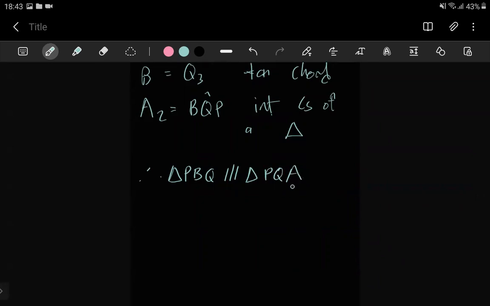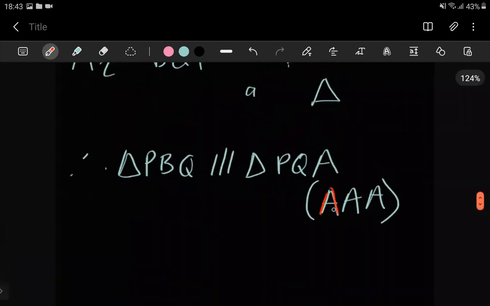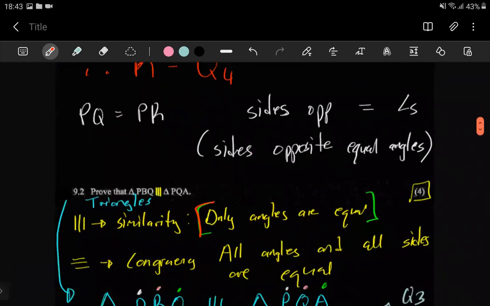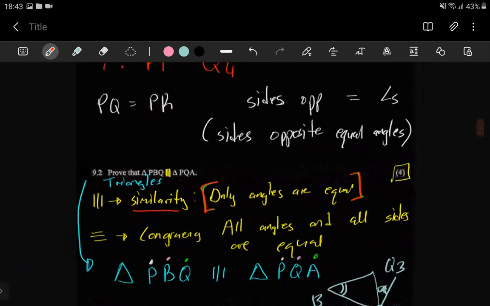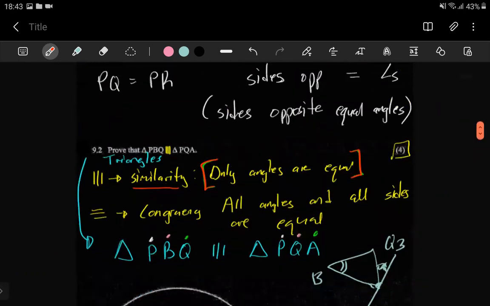The reason there is just angle, angle, angle. Because you're basically saying that you showed that all three angles are equal, which is all you had to do to show that you are working with triangles that are similar. As long as you want to prove similarity, you need to show only that the angles are equal. And we have done that. So we've proven similarity here, and then they'll give us these 4 marks.